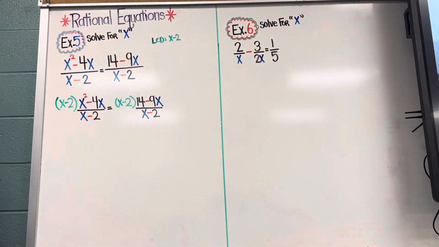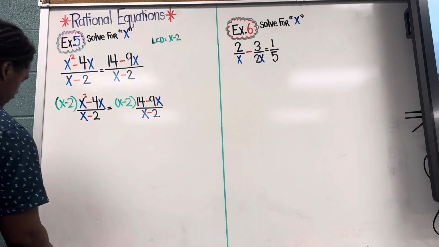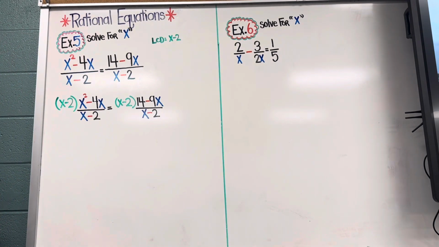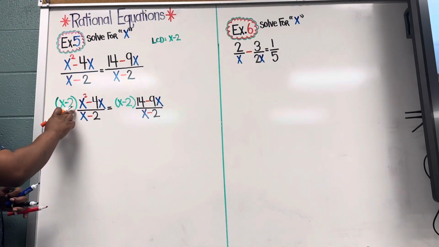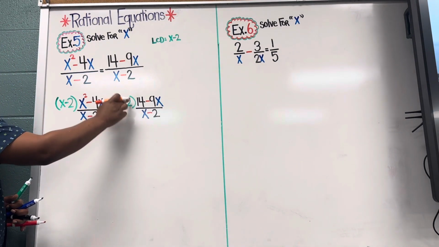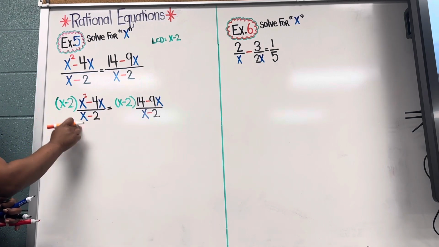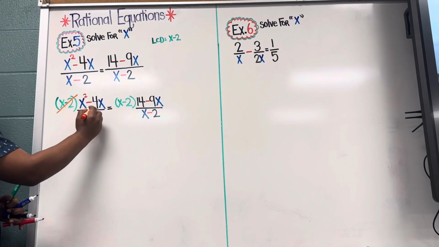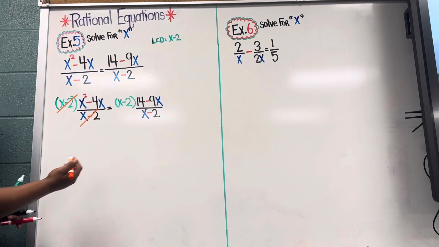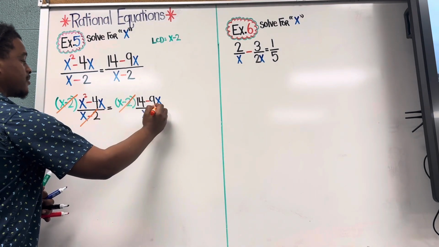Okay? Now, what we can do now, guys, we can start to simplify, all right? Because we essentially have x minus 2 divided by x minus 2 on both sides. So because we have that, these two parts can actually cancel out.